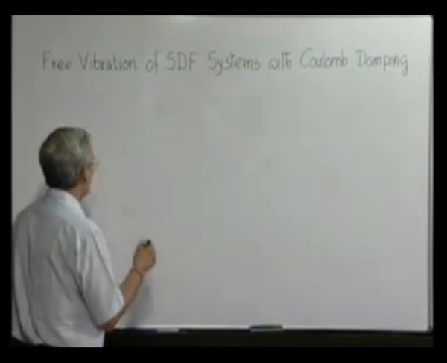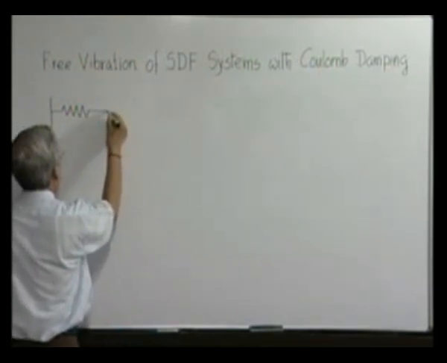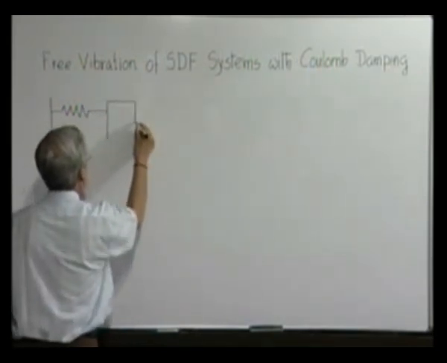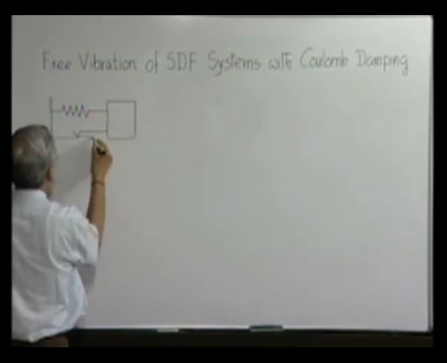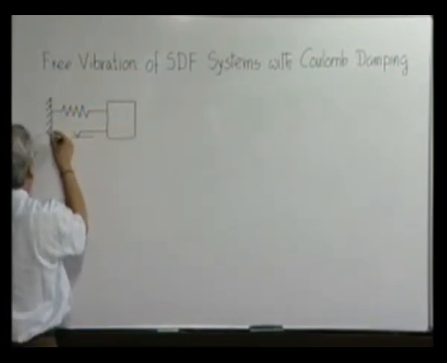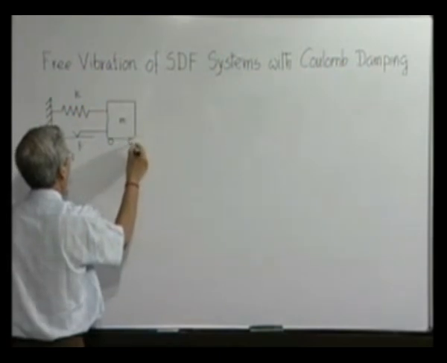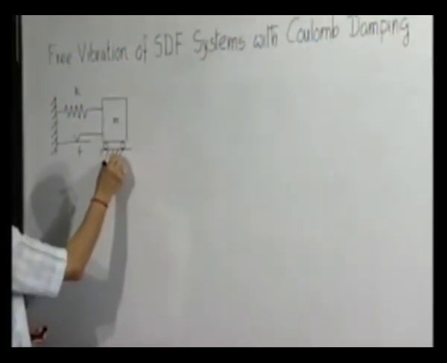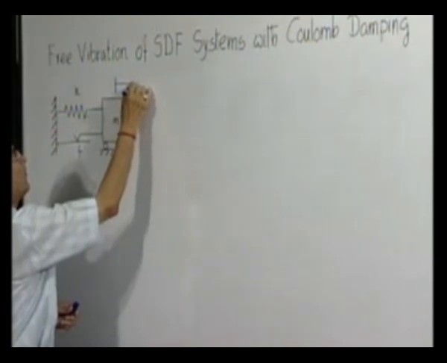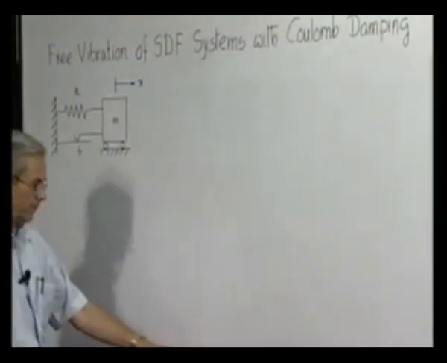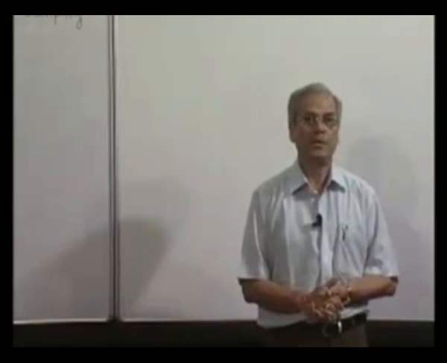So the lump parameter model of a single degree freedom system with Coulomb damping can be sketched like this.